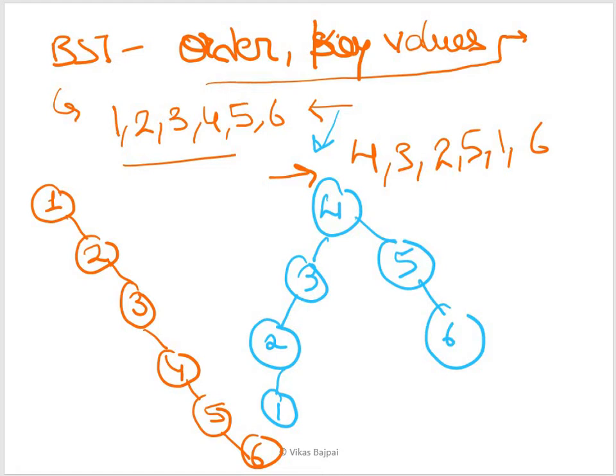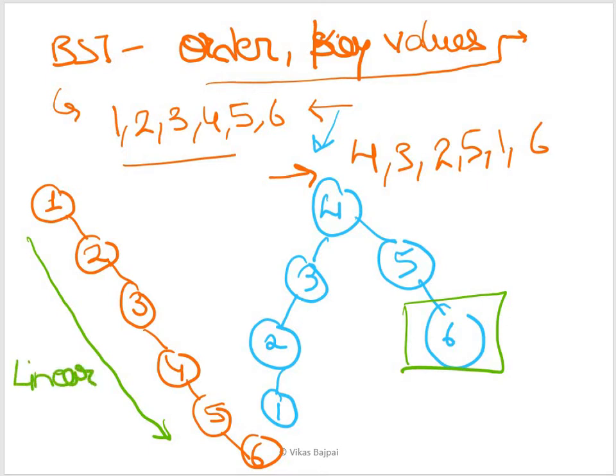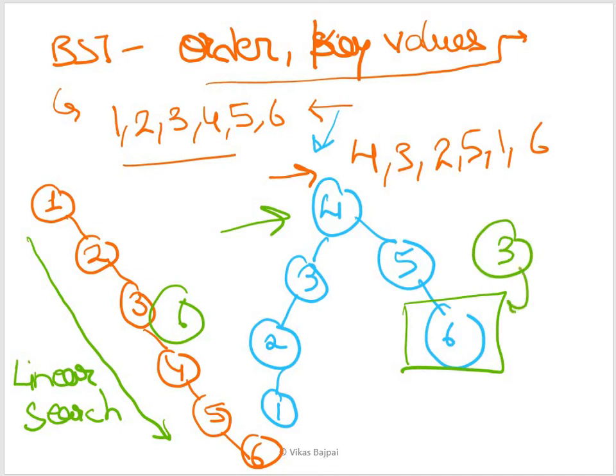Now if suppose I have to search for an element which is 6, in this case it would be nothing but a linear search. In this case, in some sense, it's a kind of binary search. So 6 comparisons in this case, whereas only 2 to 3 comparisons in this case.